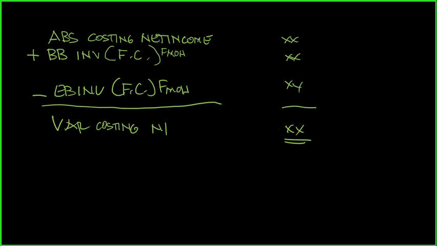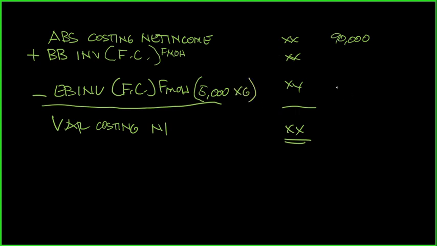But anyway, let's try to apply this. From your absorption costing net income, we have 90,000. Okay, since we don't have any beginning inventory, we only have the ending inventory. How much is our ending inventory? In terms of units, we have 5,000 units. Okay, and the fixed cost per unit is 6.